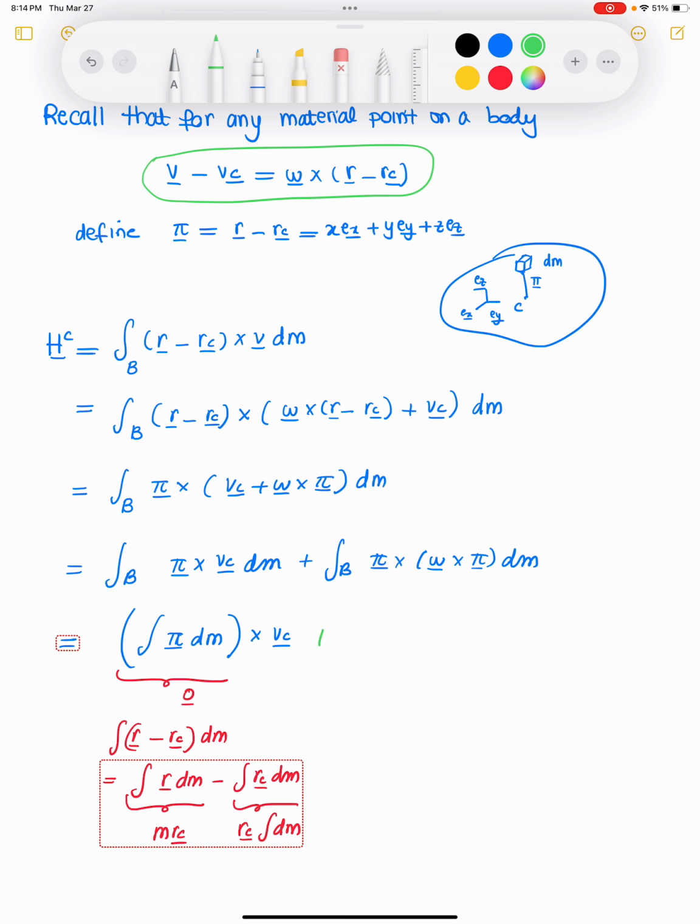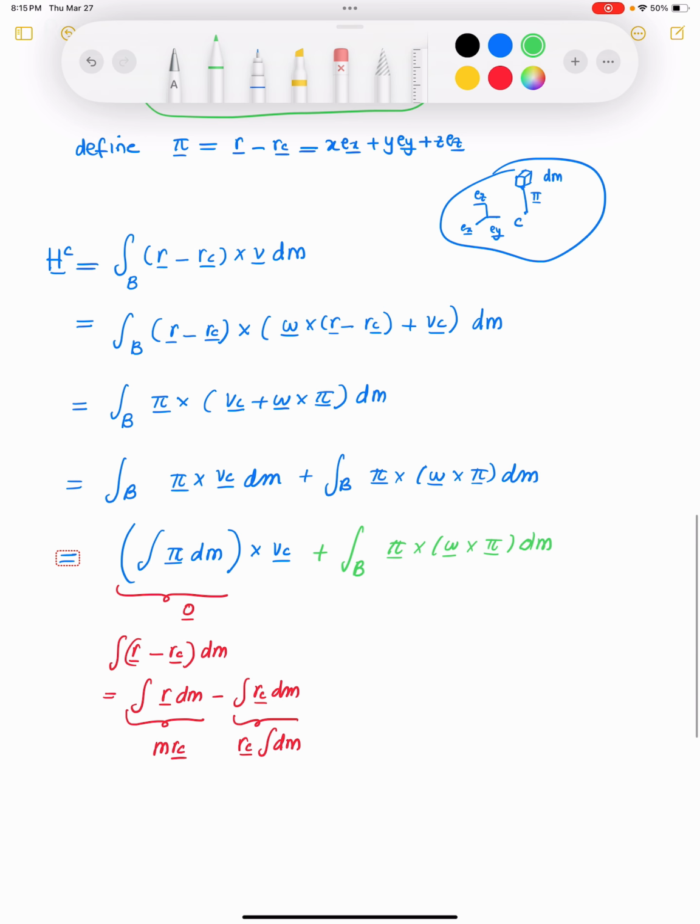Now the second term is the integral of pi cross omega cross pi dm. To simplify this term, we're gonna use the back cab identity. So let me open up Google very quickly and check what this identity is.